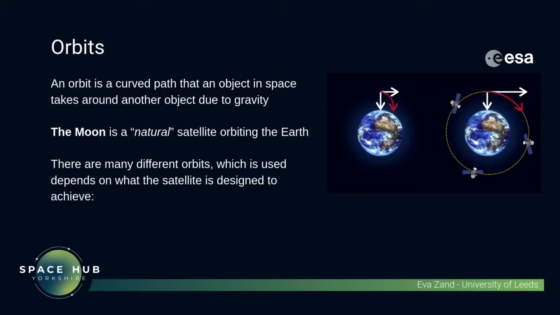We do have one natural satellite orbiting the Earth, and that's the Moon, as you probably know already. But since October 1957, many thousands of artificial satellites have been placed into orbits around the Earth in order to help us better understand and analyze the Earth.